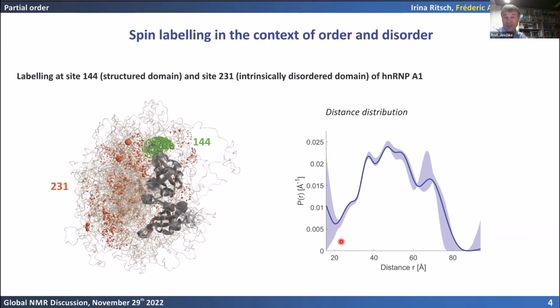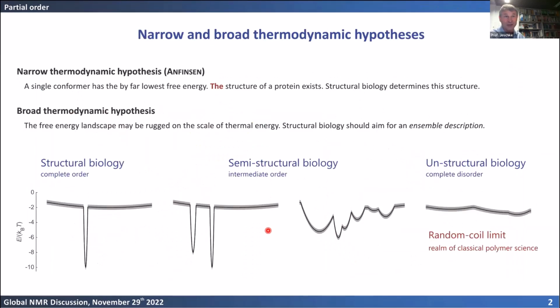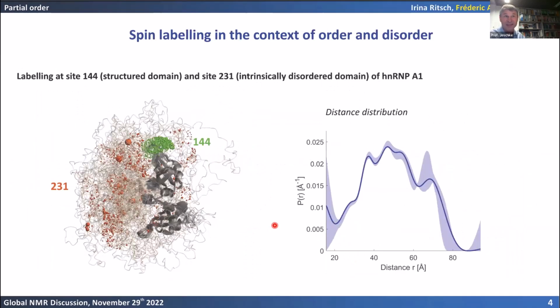And we could see this because even between this broad distance distribution and broader distance distributions, we could still distinguish this experimentally. Now, how are these distance distributions related to the thermodynamic picture?